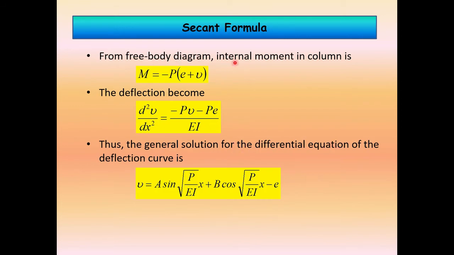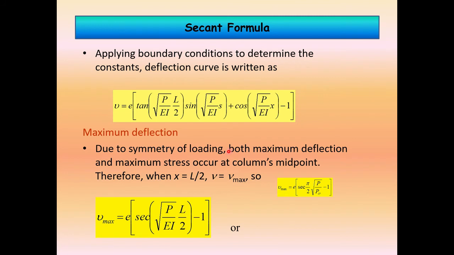From the free body diagram, the internal moment in the column is moment equals minus P bracket eccentric distance plus deflection of the column. So the deflection becomes a differential equation. This is the general solution for the differential equation of the deflection curve. Then we apply the boundary conditions to determine the constants. The deflection curve is written by this formula.